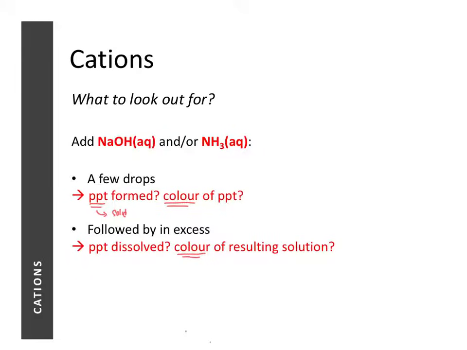So let me give you an example now. If I have a solution that contains, for example, calcium ions in there. I don't know that it contains calcium ions, so I'm going to find out by adding aqueous sodium hydroxide. When I add it drop-wise at the beginning, I see a white solid, a white PPT form.